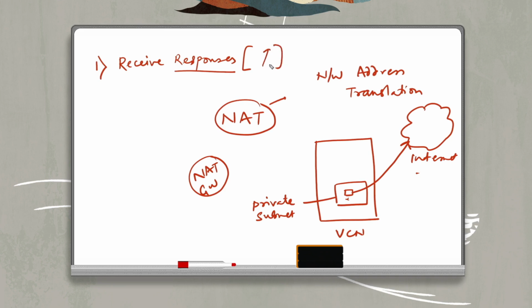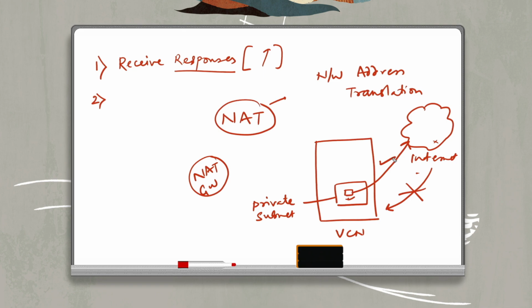So that is allowed. But what is not allowed is the inbound connection request. So let's say these instances in the private subnet receive inbound connections that are initiated from the internet. This is not allowed. This is allowed.